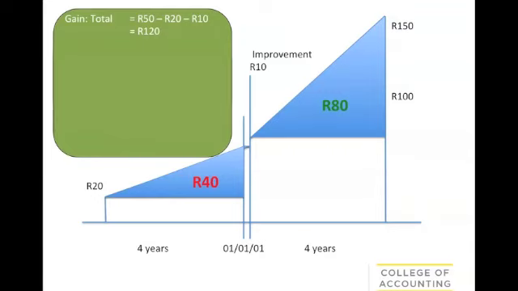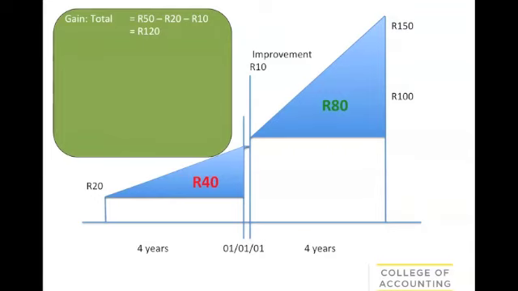Up to the 1st of October 2001, we only had a two-story house. And we know from the first example that that would have sold for 60 Rand on the 1st of October 2001. So all of the rest of the gain of 80 must relate to the period after October 2001. And that 80 is the part that should be subject to capital gains tax.